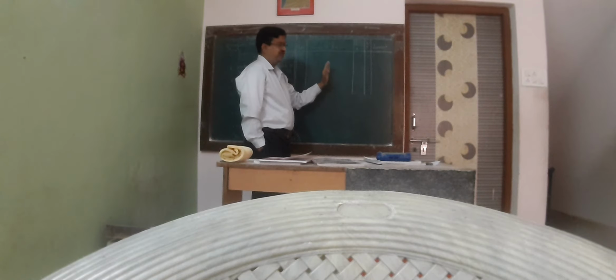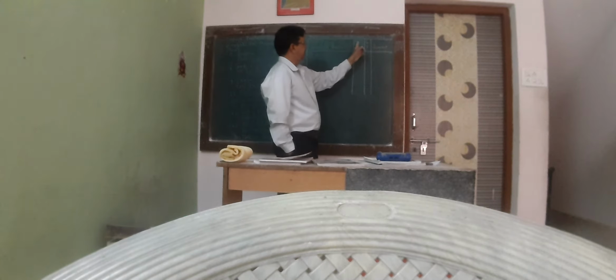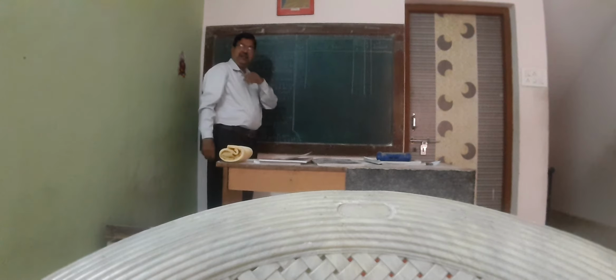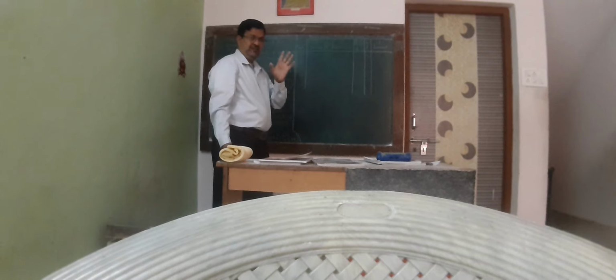First, draw the specimen of purchase book. First column date, second column name of supplier, third column inward invoice number. I have sent the specimen of this in earlier videos. Ledger folio number and amount in rupees. First I have sent you the theory of this.